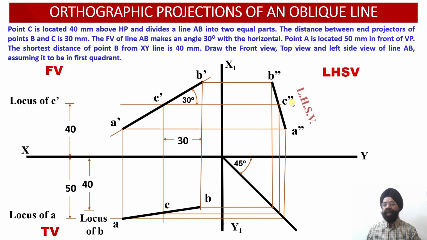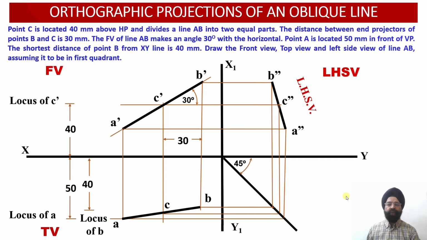So this way, the left hand side view projections of this particular line have also been obtained into the orthographic projection. Here we can see how we can evaluate the front view projections, the top view projections, and the left hand side view orthographic projections of an oblique line.